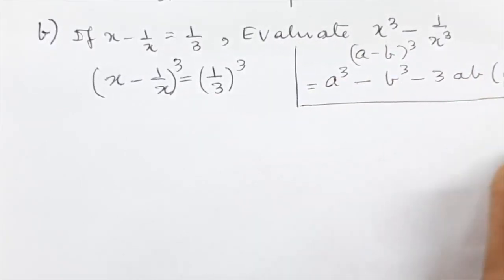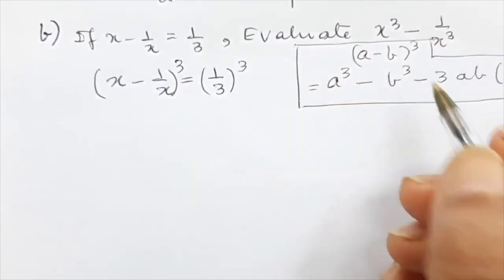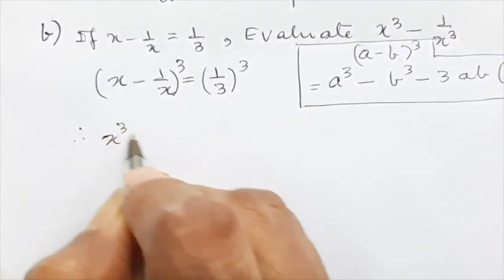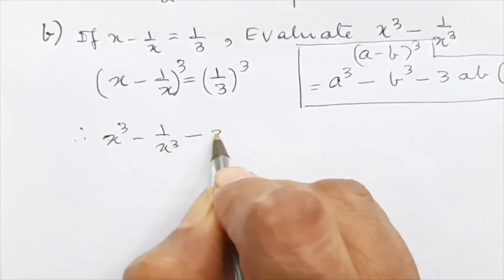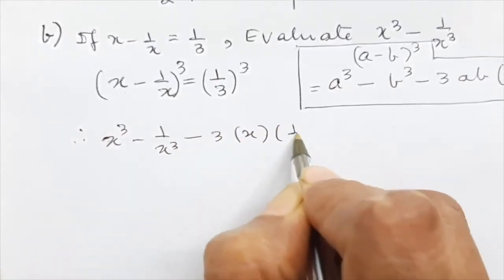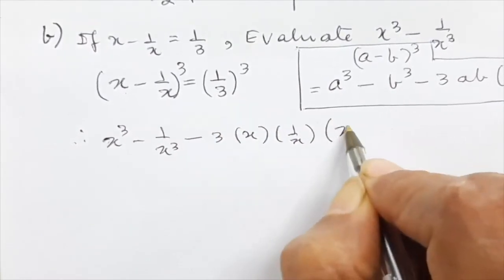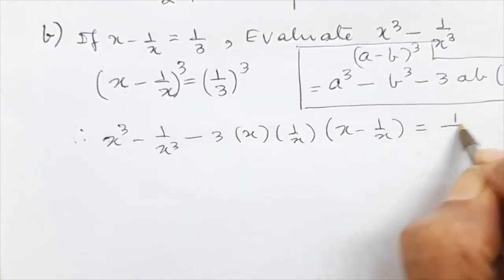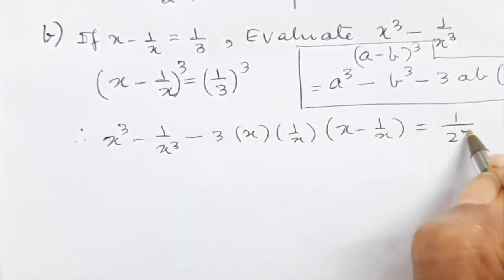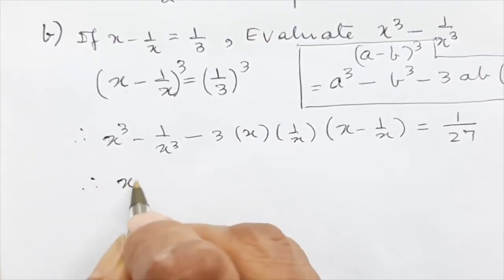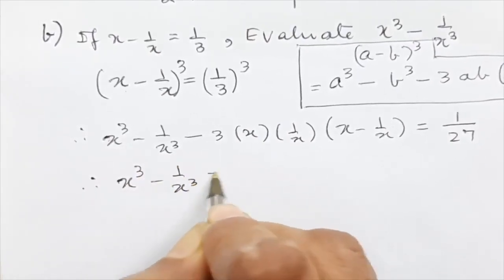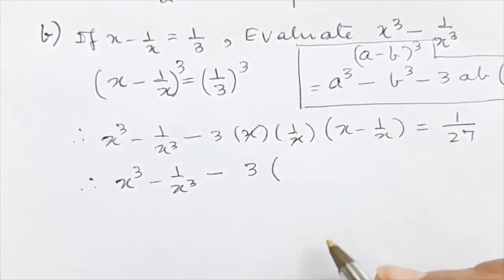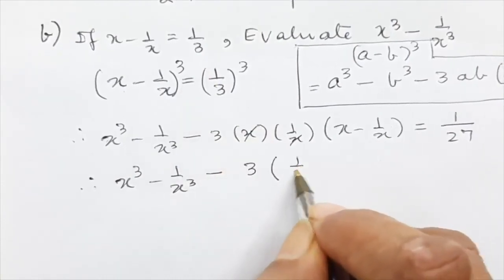So this is our thinking step. We will use just this and we will now write our next step. Therefore, x cube minus 1 upon x cube minus 3 into x into 1 upon x into x minus 1 upon x, and that is 1 upon 3 whole cube. 1 cube is 1, 3 cube is 27. Now we have therefore x cube minus 1 upon x cube minus 3 into bracket x minus 1 upon x, which is 1 upon 3.